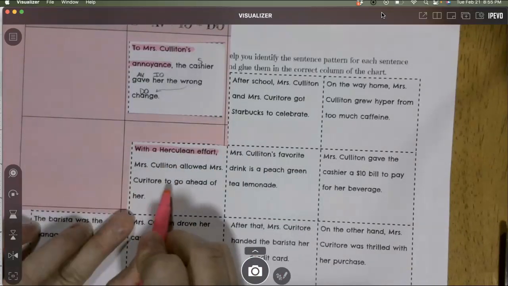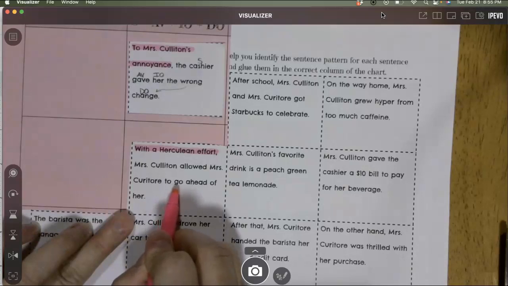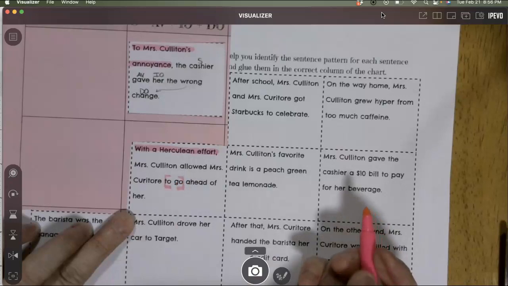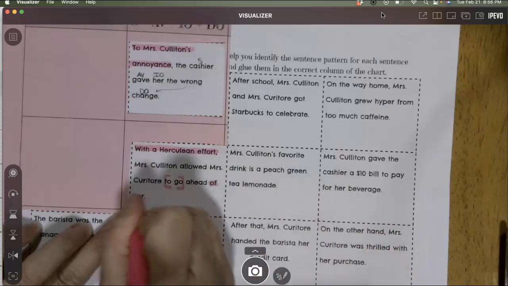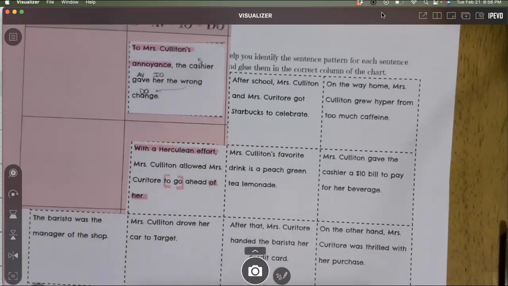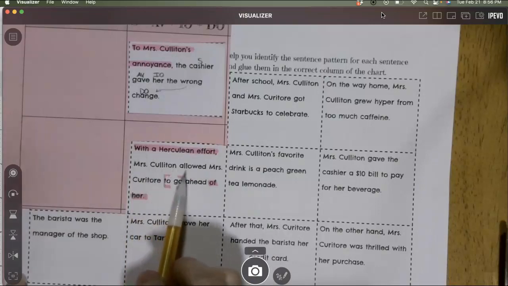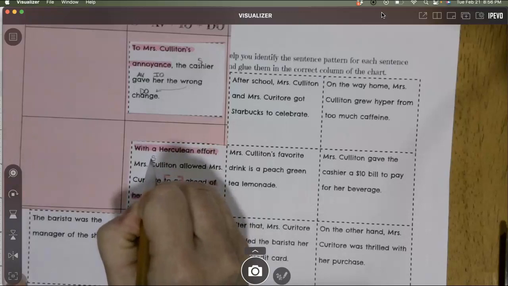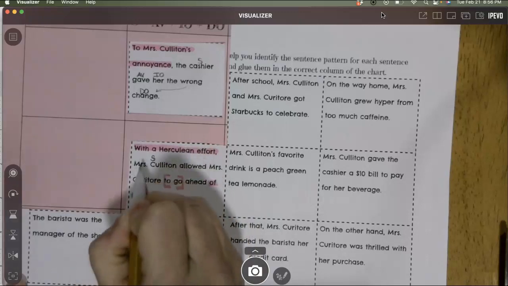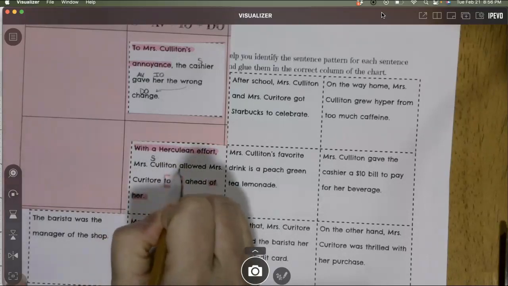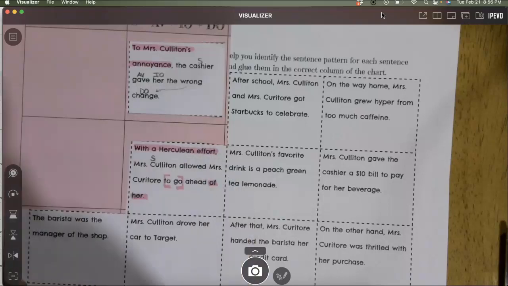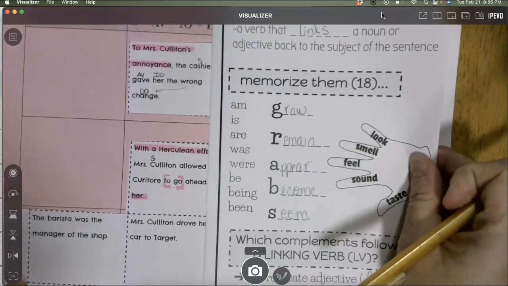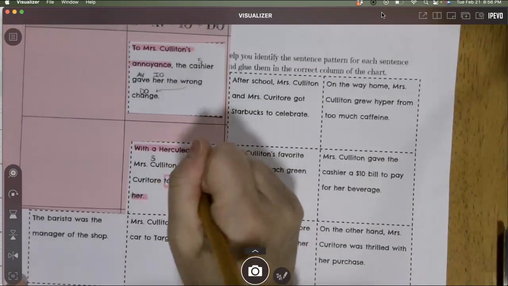I see to, but instead I see a verb, so to go must be an infinitive. And then I see of her. So now I'm going to go back and look at what's left. Mrs. Culleton allowed Mrs. Curator. So my subject looks like it's Mrs. Culleton. What did she do? Allowed. If I wasn't sure whether that was a linking or action verb, I can go look at my linking verb list. I don't see allowed on there, so it must be action.